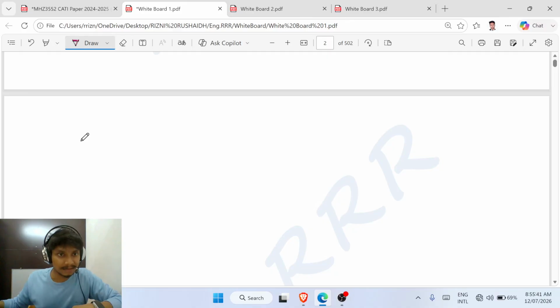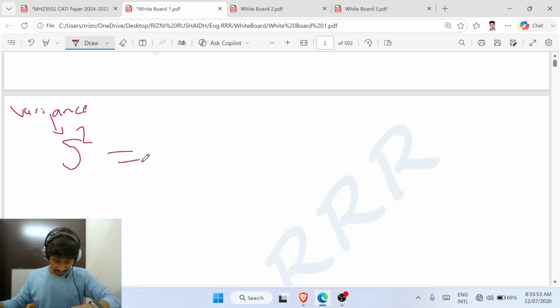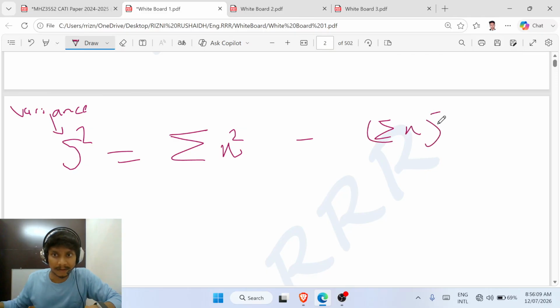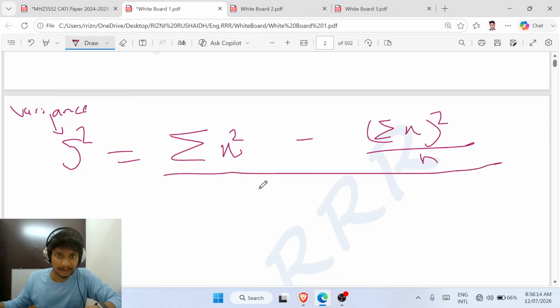Now what is the equation for S square? We already discussed that S square is the variance. The common equation is S square equals sigma x square minus sigma x whole square divided by n, all divided by n minus 1.